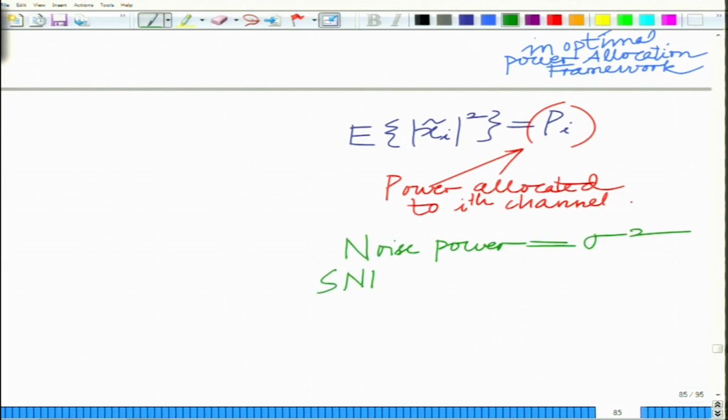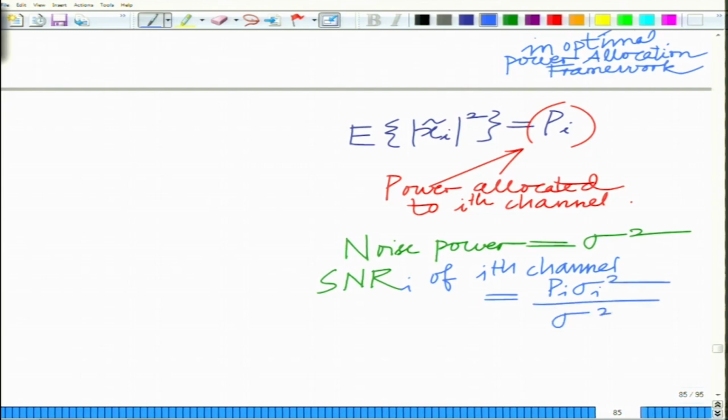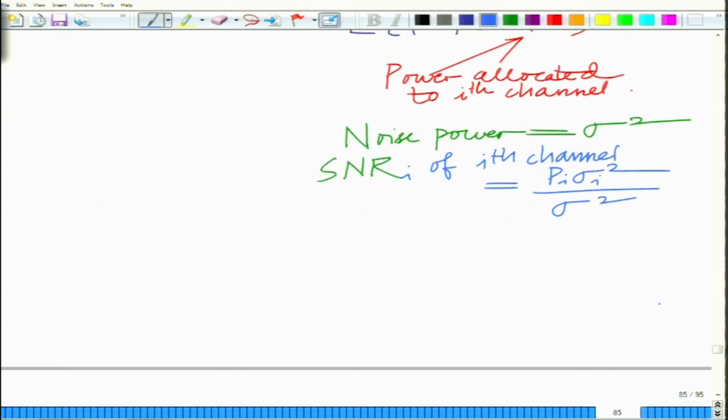Now therefore the SNR of the ith channel equals pi alpha i, which is pi sigma i square divided by sigma square.